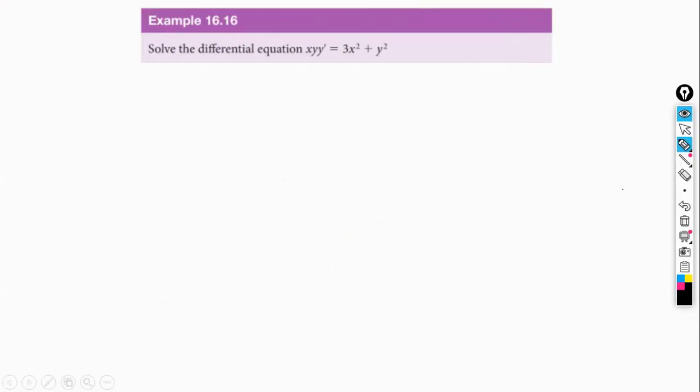So now we're going to take a look at example 16.16, and it says solve the differential equation xy times the derivative of y is equal to 3x squared plus y squared. So notice that we can rewrite this as dy over dx is equal to 3x squared plus y squared divided by xy.